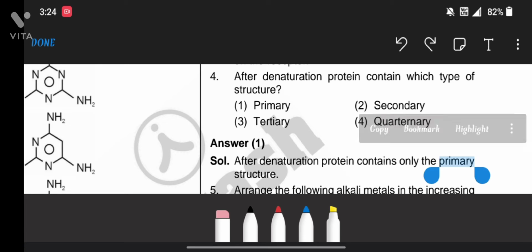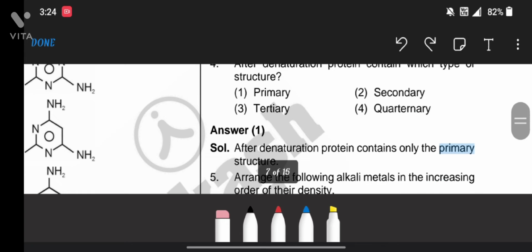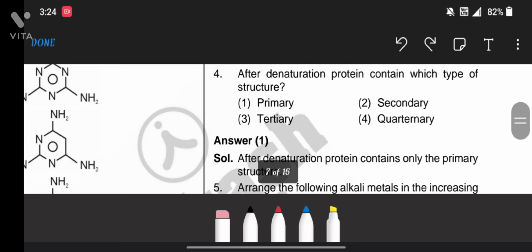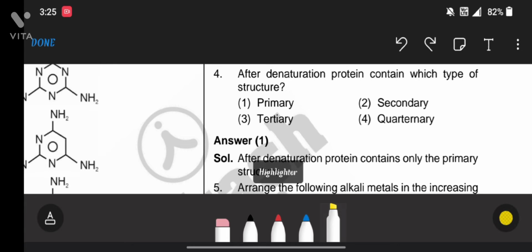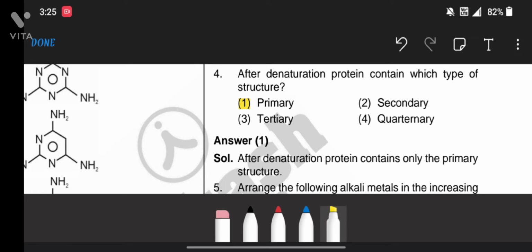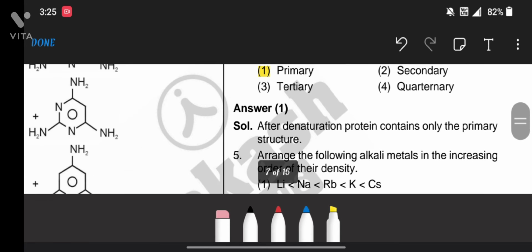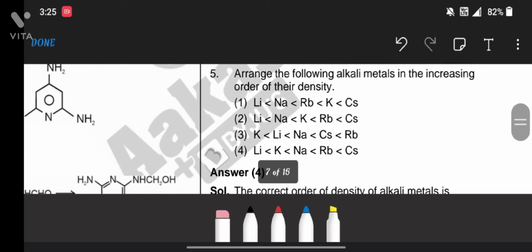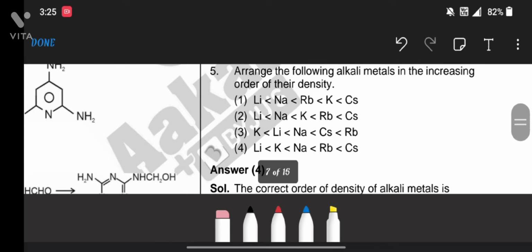After denaturation, a protein contains only the primary structure. So the correct answer is option 1 for the fourth question. Moving on to question number 5.